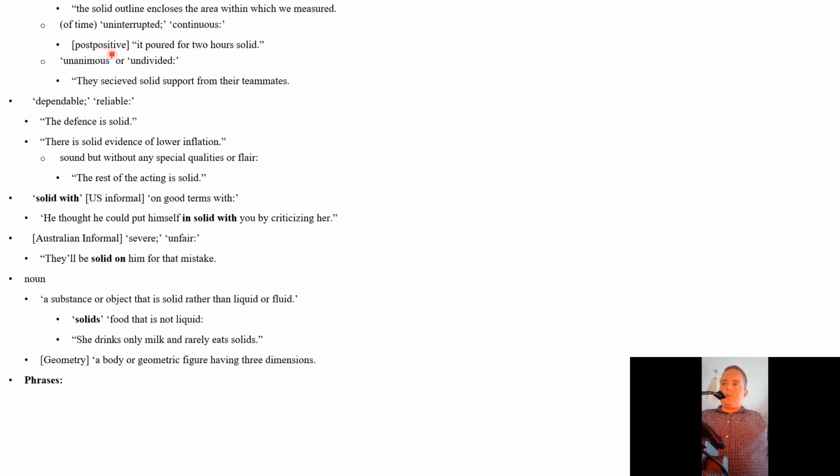We have posit, which comes from a Latin verb which means to place. We have the suffix iv here, which turns it into an adjective. And so a postpositive is something that is placed after the first word in a clause or sentence.